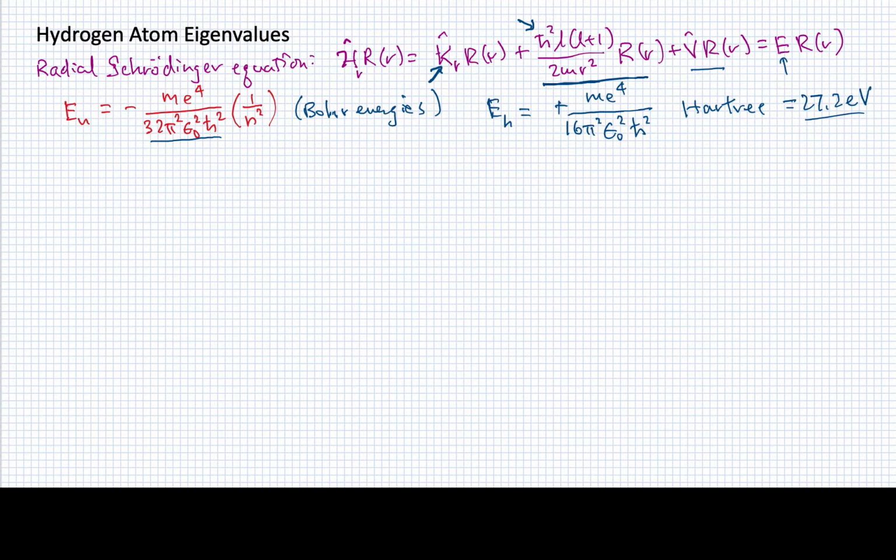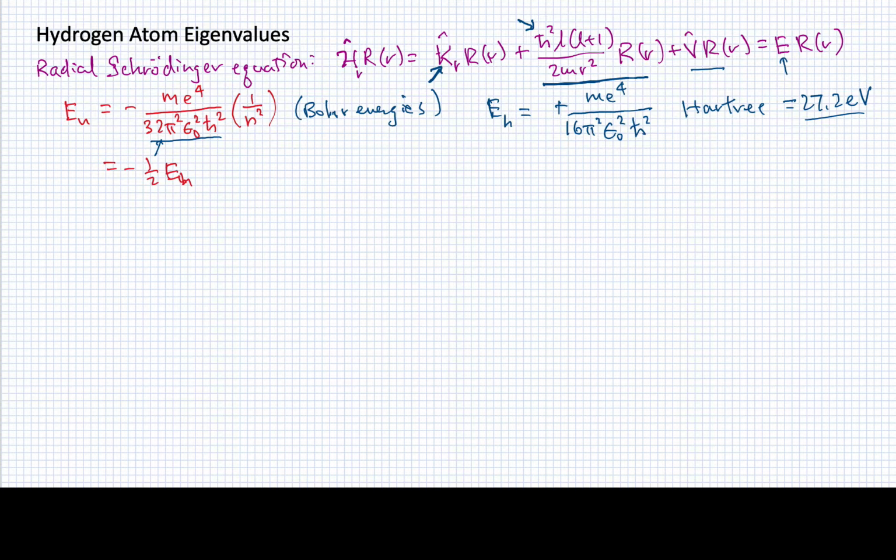Now, electron volts is just another way to measure the energy. And it turns out this is very handy because you can see that it's pretty much the same as this, that in fact the energy of the hydrogen atom now can be written in terms of hartrees as minus 1/2 E sub h. So if we use hartrees as our unit of measurement, then it's very easy to write the eigenvalues for the hydrogen atom in this form.